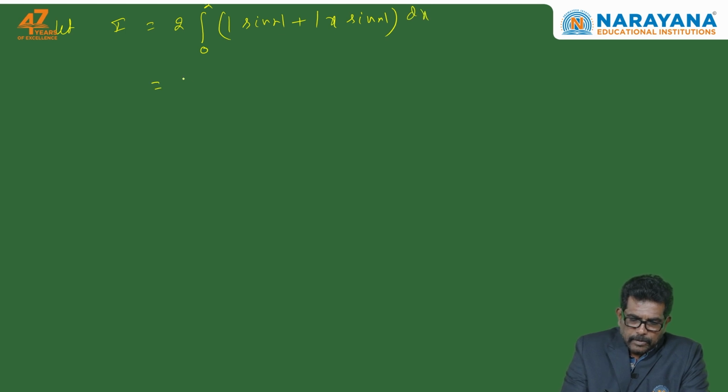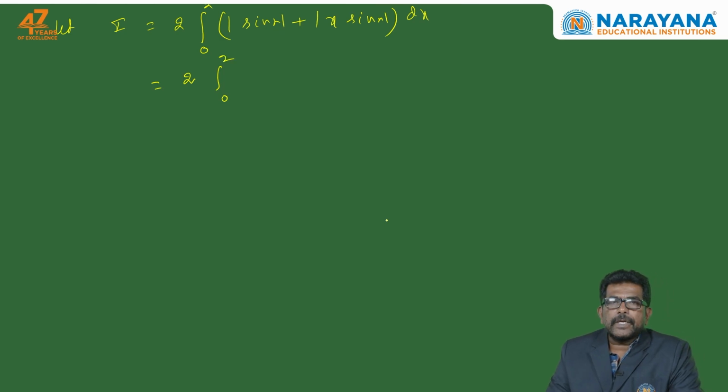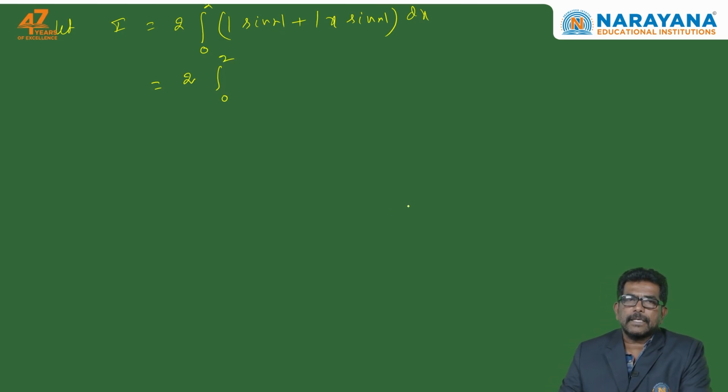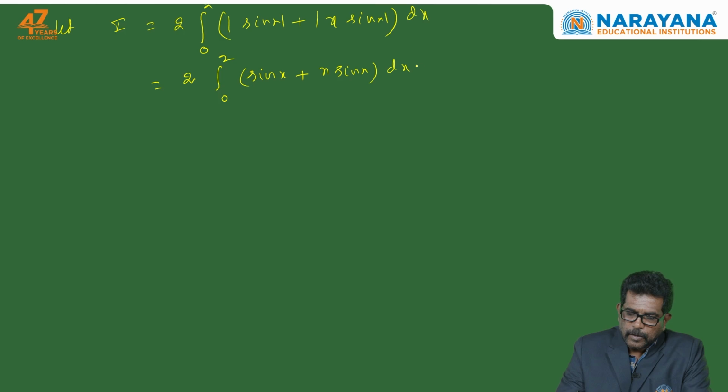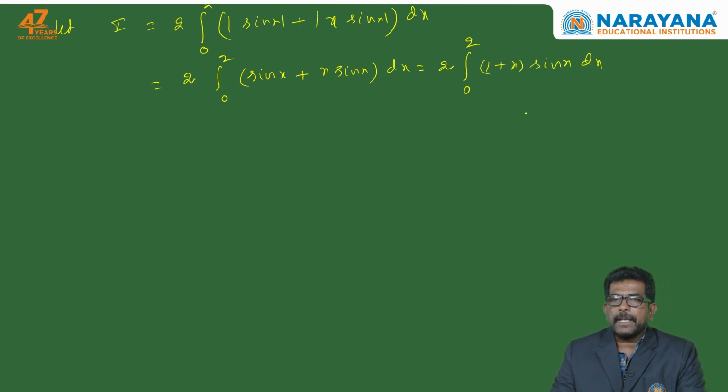In the interval 0 to 2, sin x is positive because 2 is less than pi. Hence, mod sin x becomes sin x, and mod x sin x also becomes x sin x. Now this is equal to 2 times the integral from 0 to 2, by taking sin x common, of (1 plus x) times sin x dx. I am applying integration by parts here.